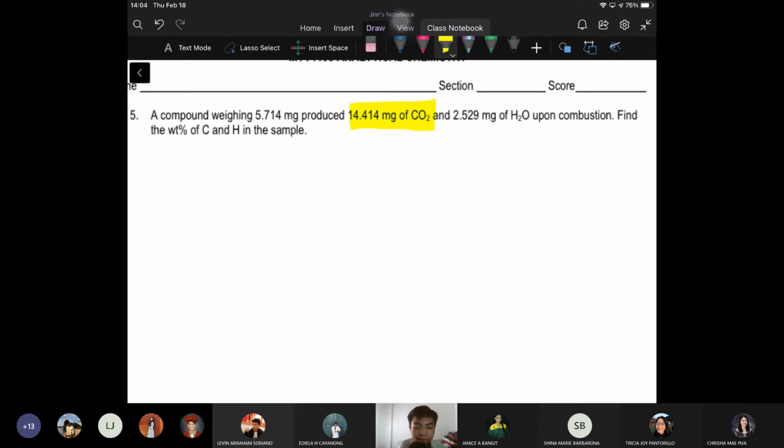Okay? Now, let's go to the next one. How do you find the percent weight of hydrogen? For you to determine the percent weight of hydrogen, all you have to do is find the mass of water produced, then convert it back to hydrogen. Okay? So let's do that.